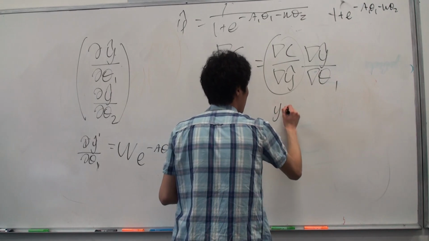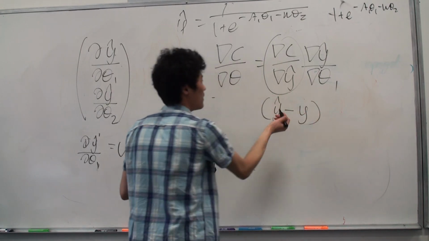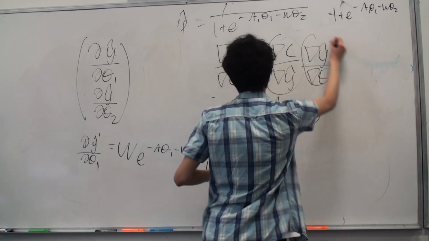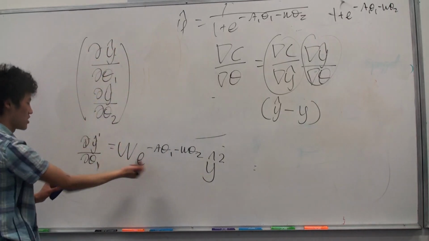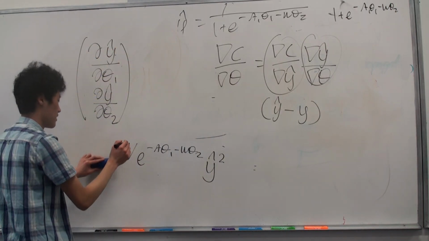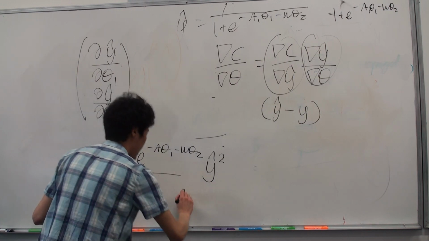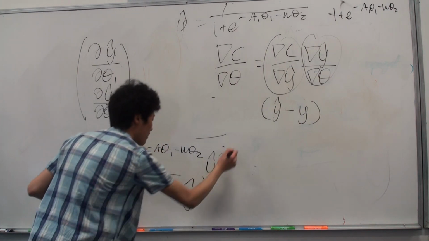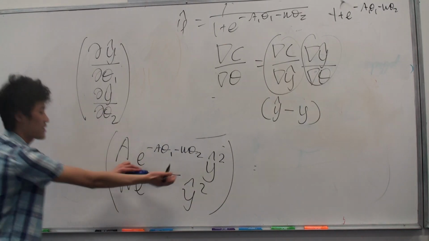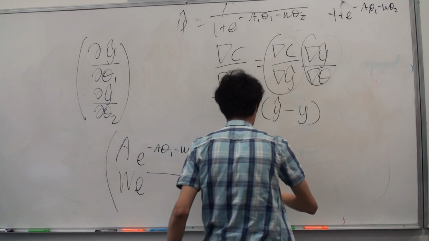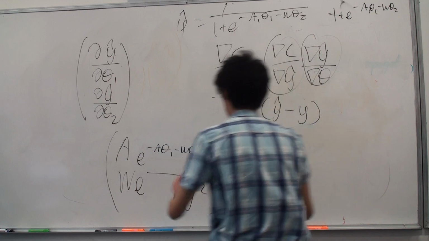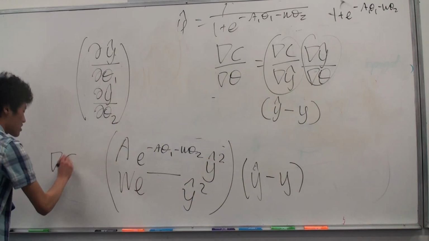This was just y hat minus y, and this is that. So this will just look like this. So all of this. That's what it will look like. So we get this, we times it by that. And that is your total cost function.